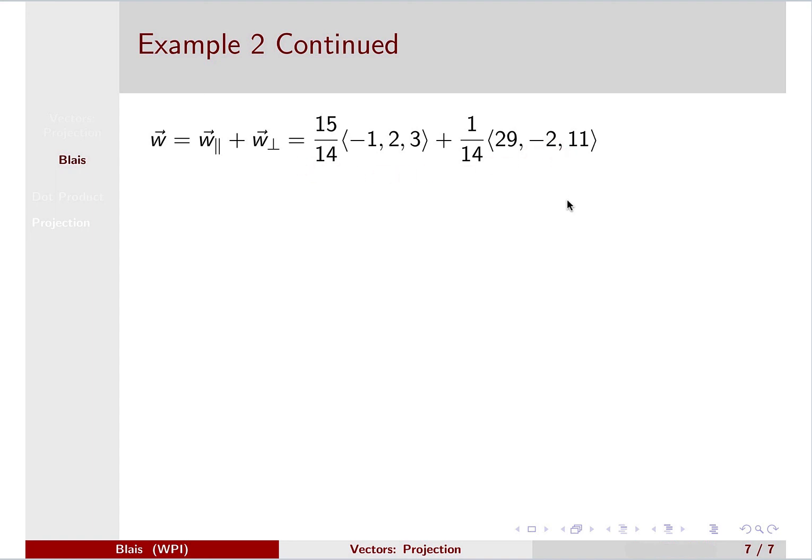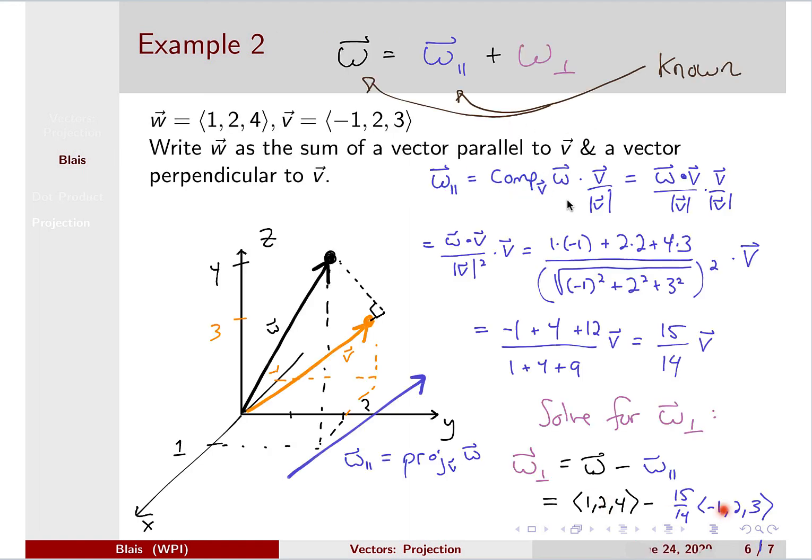So here is our w parallel, and here is our w perp. And again, to get this w perp, that is nothing more than computing this difference that we set up here. And the way this works out is we can now depict w perp, and it will look like this.